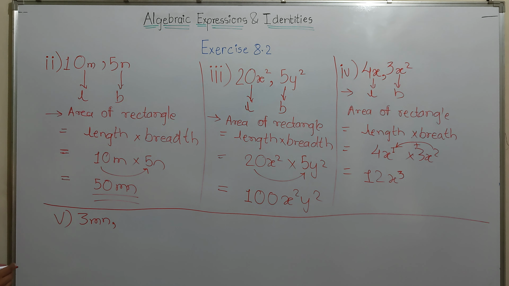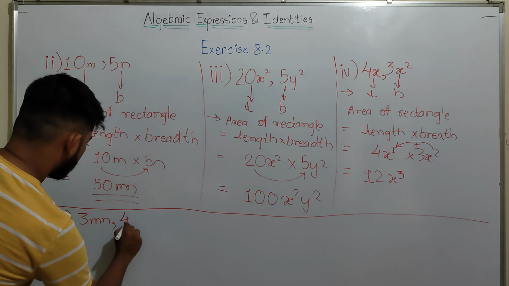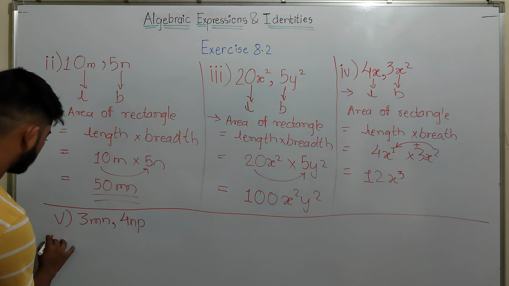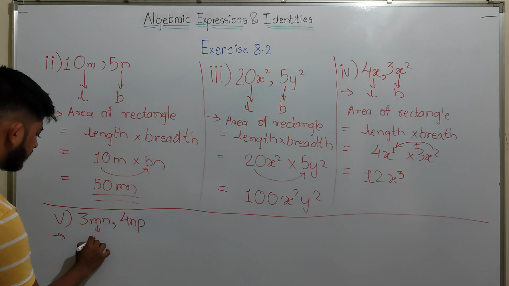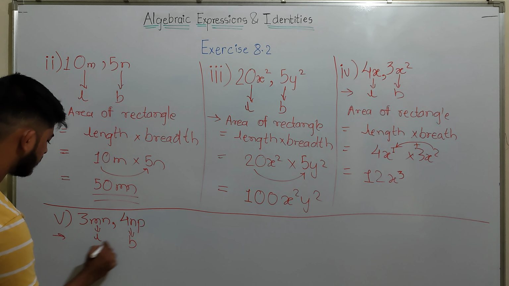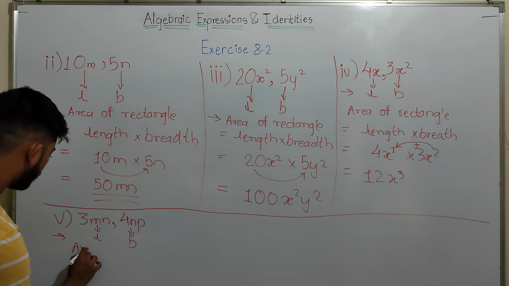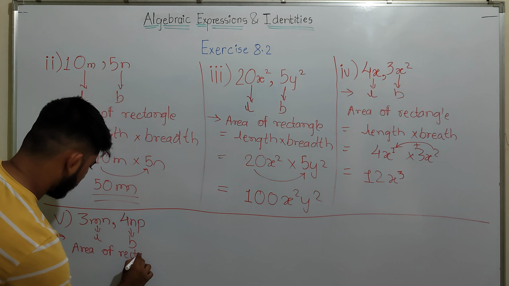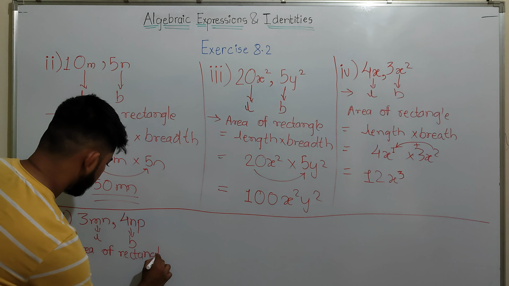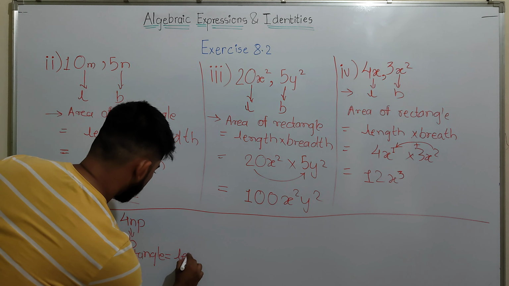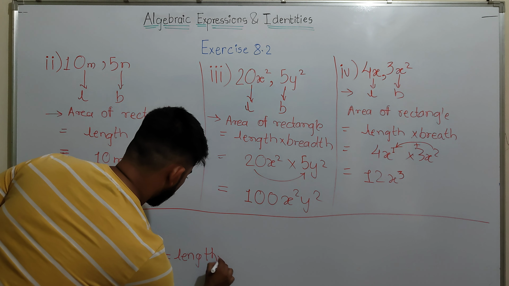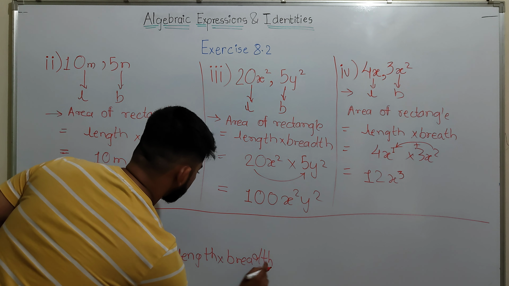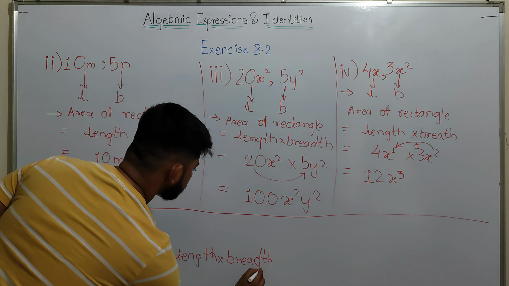So 3mn and 4np. Now this is length, this is breadth. Area of a rectangle is equal to length into breadth, right?